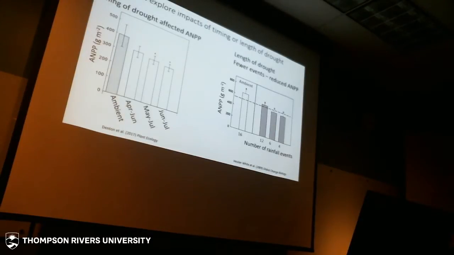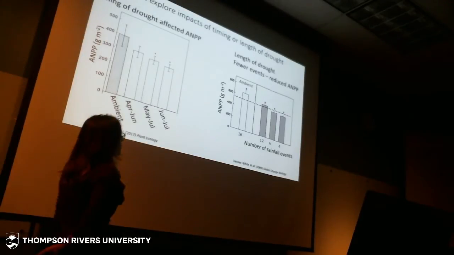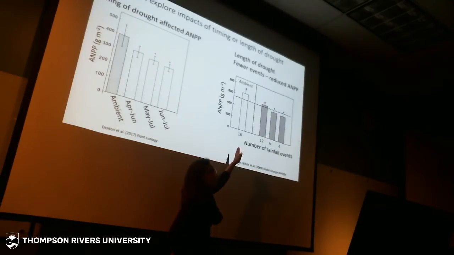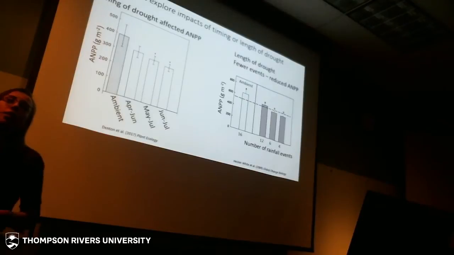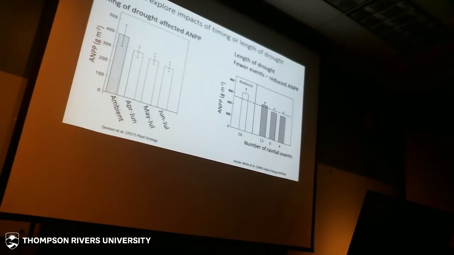And how many people have manipulated the length of drought is by altering the number of rainfall events that occur. So essentially you keep the ambient conditions and then you cover these plots with rainout shelters and then you water them so that they only experience 4, 6, 12 precipitation events as opposed to larger precipitation events occurring over time.